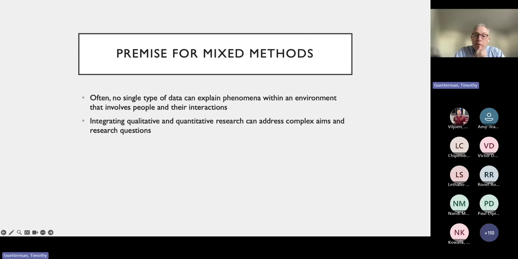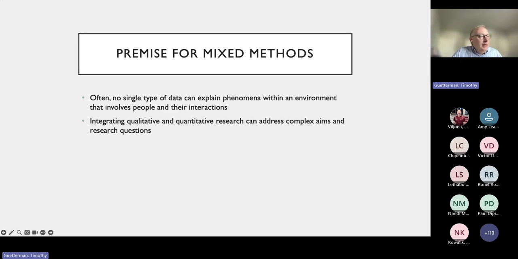The premise for doing mixed methods, so why we actually do this, is because often just a single source of data or a single type of data can really not explain something, especially when we have people involved, and the complexities that go along with that.